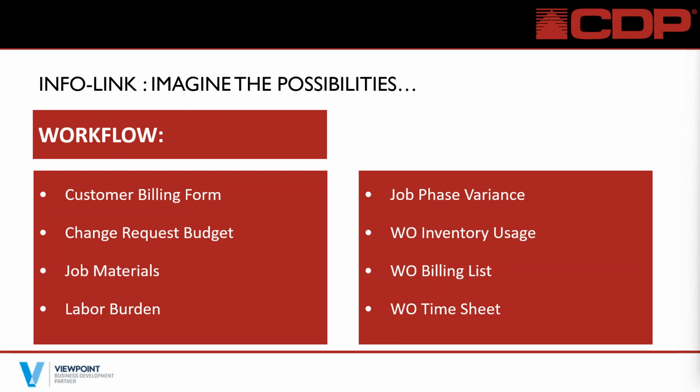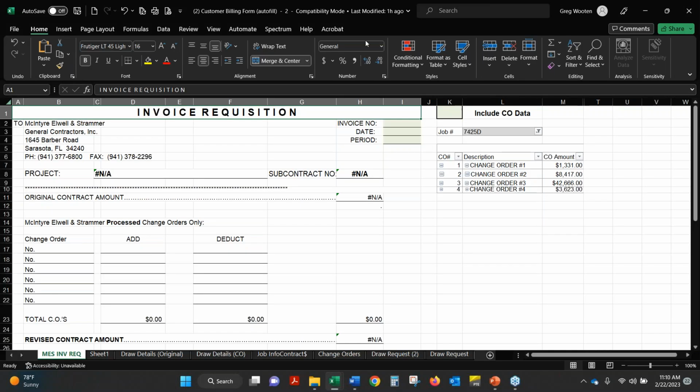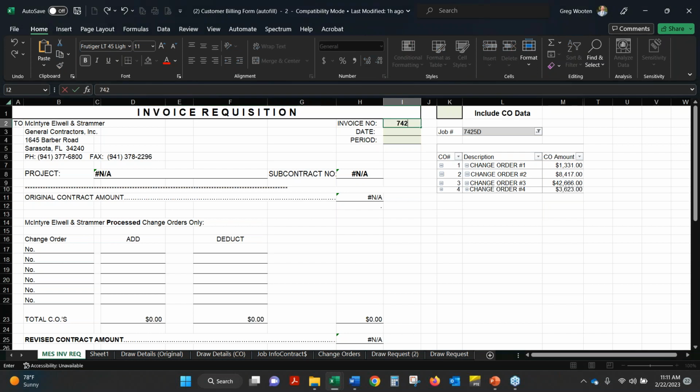First, we're going to start with that customer billing form. This was a situation where we had a specific billing form from our customer that we had to complete for them on our contract billings. So I utilized Info-Link to pull some data from our draw requests, and then we were able to come in here and reference the invoice number.